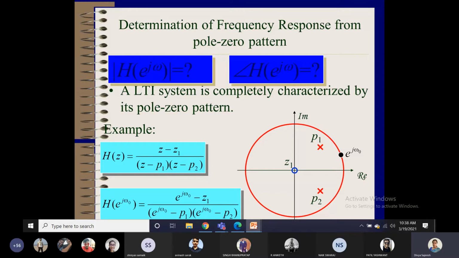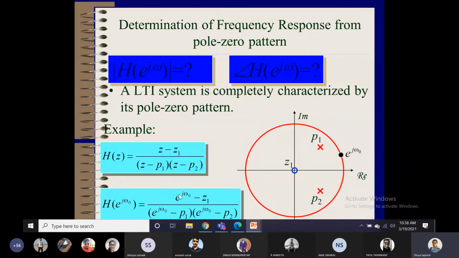So this H of e raised to j omega, the entire equation, includes the phase response as well as the magnitude response. In this equation we cannot separate out the magnitude response and the phase response. For that we need to take the magnitude and the phase separately.